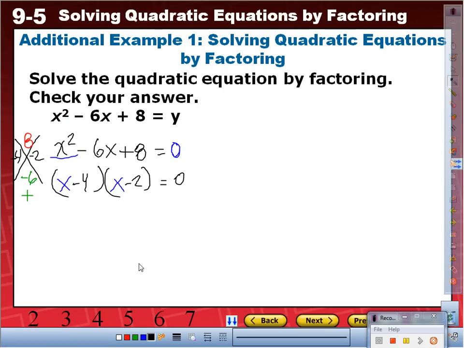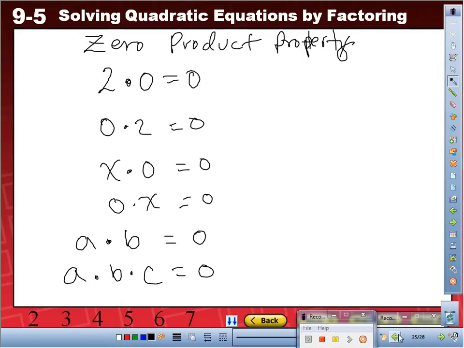Okay? Step 3. Read that, Jesus. Set each factor equal to 0. So pay attention to this part. Everybody look up. Stop writing, please. This is where this kicks in. We have two factors here, don't we? A and B. What could A be? Or what could B be?